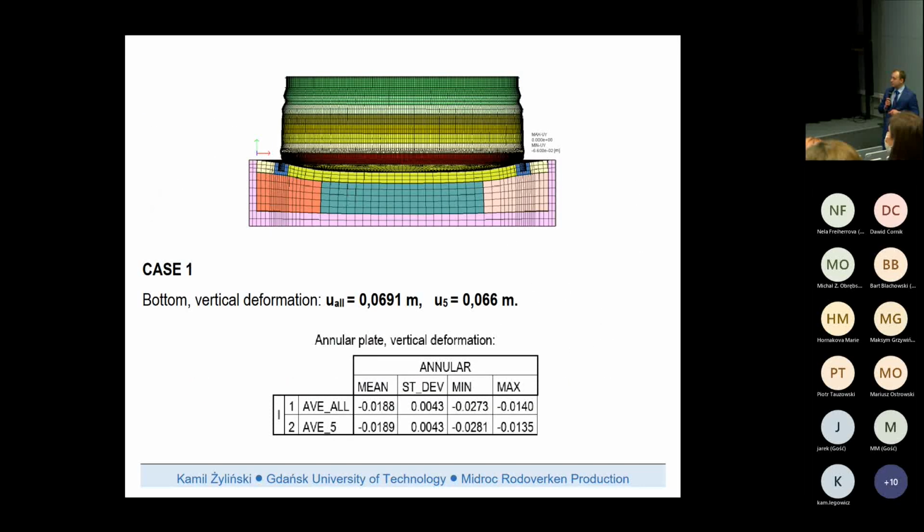And the sensitivity analysis was divided into 3 cases. The first case assumed that all the KZs were averaged, and all of them were independent in case of different KZ parameters. And we can see some results for the middle node displacement and for the annular plate displacements.